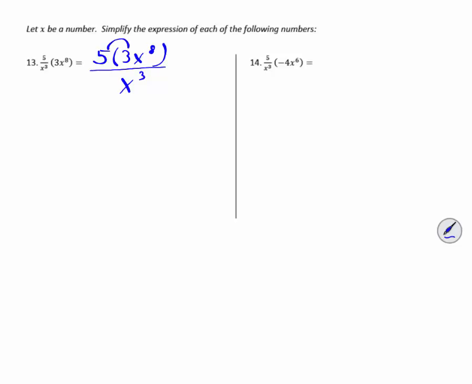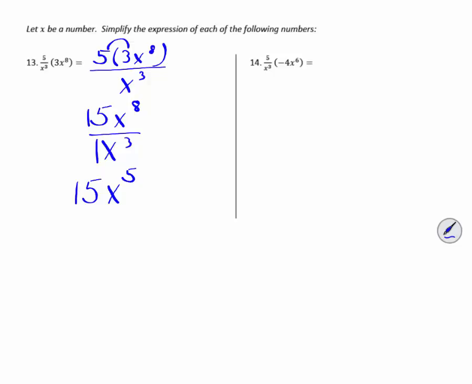I can multiply those two things together. 5 times 3 is 15. Keep the base, and this time there aren't any x's up top, so that's it. Over x to the 3rd. Now, there's a little 1 here. 15 divided by 1 is 15. Keep your base, subtract your exponents. 8 minus 3 is 5.